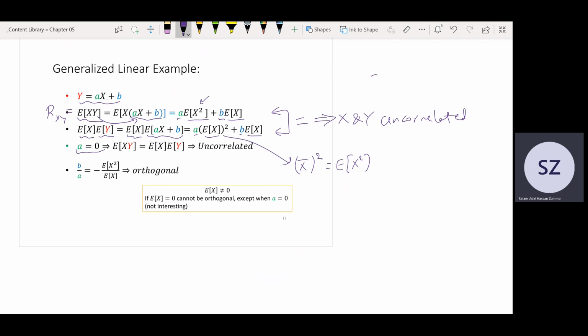Okay. No, now you need to find the variance, which will be 0, and hence x is constant. If the variance is 0, x is constant. So if the variance is 0, it means that x is not undetermined.